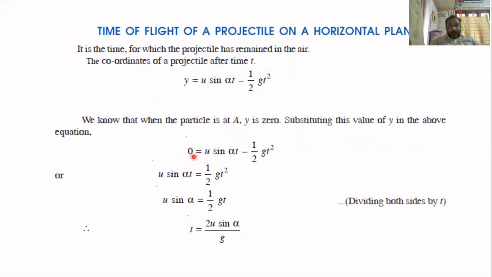So in this equation y is equal to 0, and time t is equal to 2u sin alpha by g. This t is known as the time of flight, that is, the time the projectile is in the air during the flight.